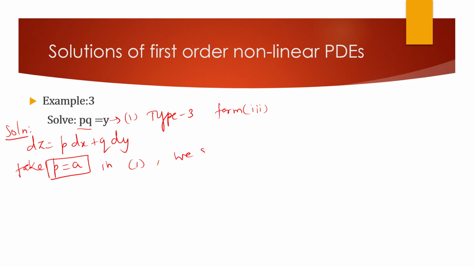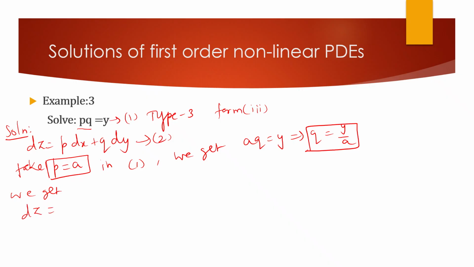Then we get AQ is equal to Y. So from this Q is equal to Y by A. Now substituting P and Q in 2, we get dz is equal to a dx plus y by a into dy.